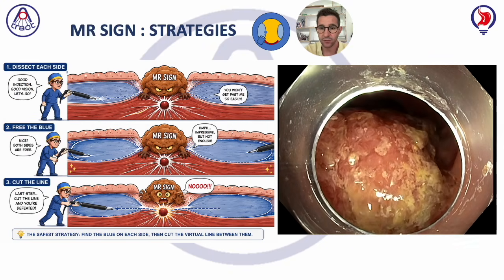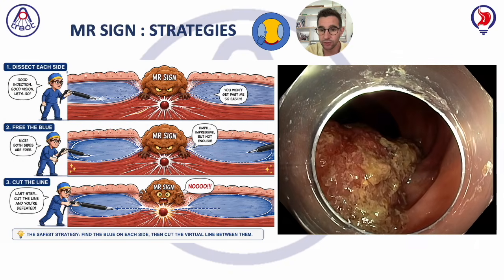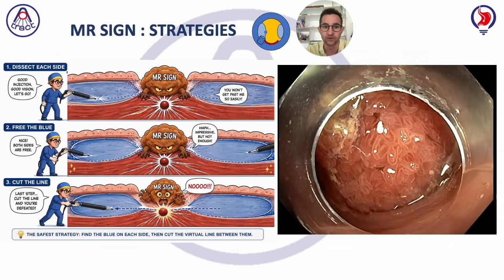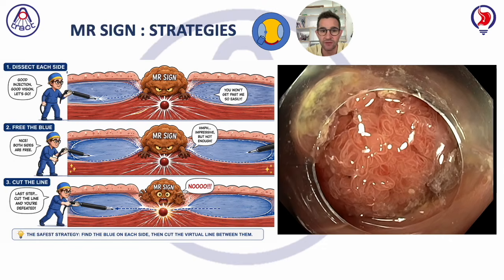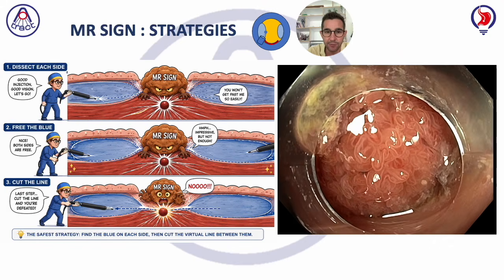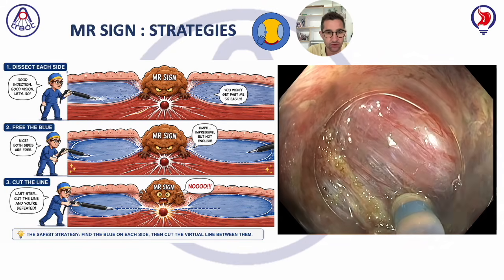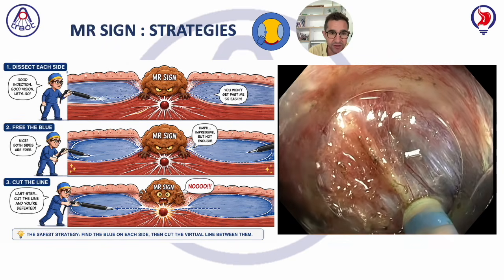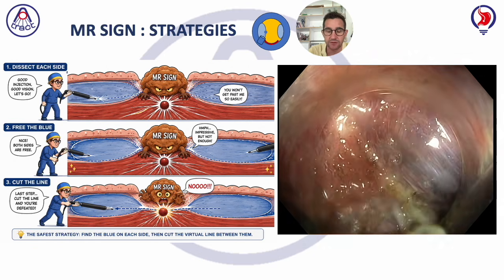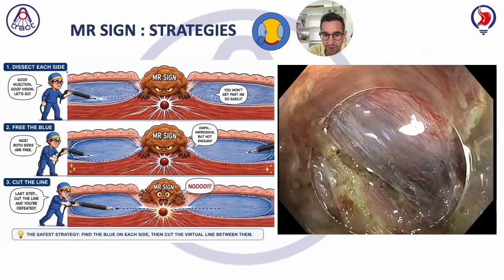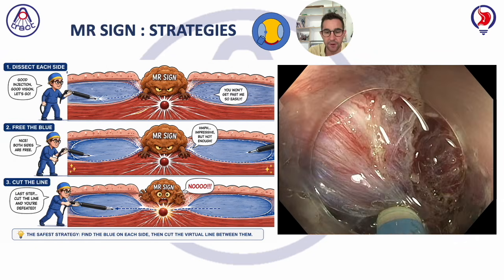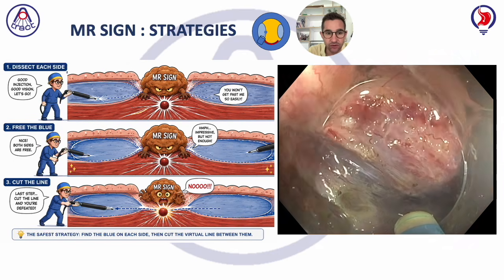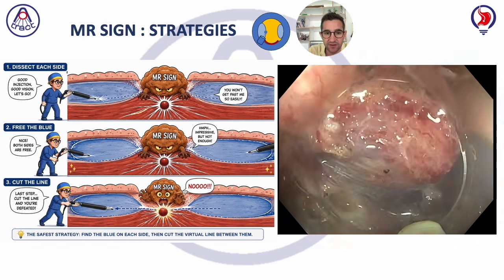So first, it is the blue-to-blue strategy. It is very difficult to pass through the muscle retracting sign because you have no more blue layer to help you to see where you should cut and how you should pass between the submucosa on the left and the submucosa on the right. So my advice, if possible, is to inject a lot on the two sides of your muscle retracting sign.